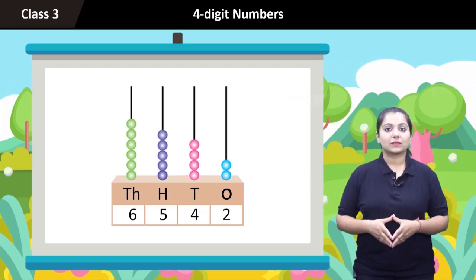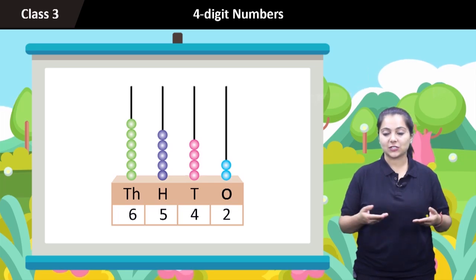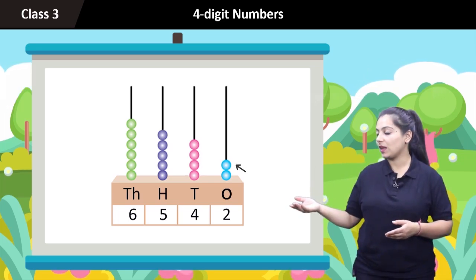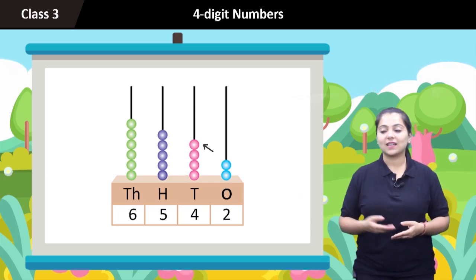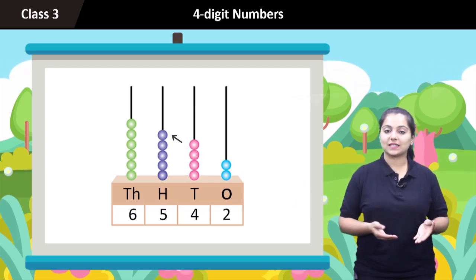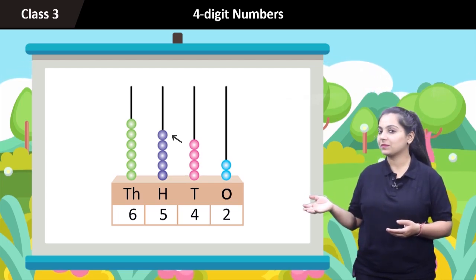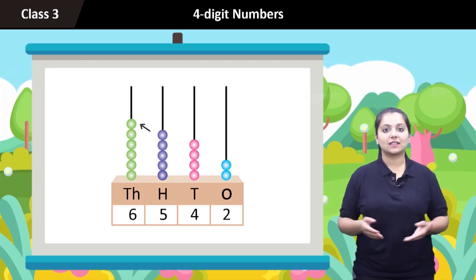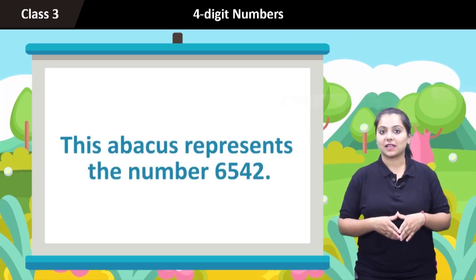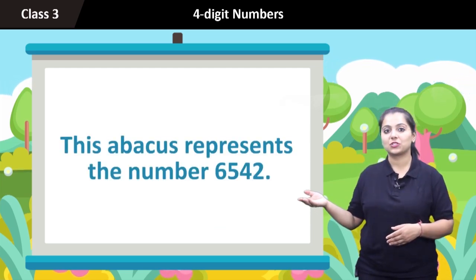Now we have to write the number 6542. Put 2 beads in the ones column, 4 beads in the tens column, 5 beads in the hundreds column, 6 beads in the thousands column. This abacus represents the number 6542.